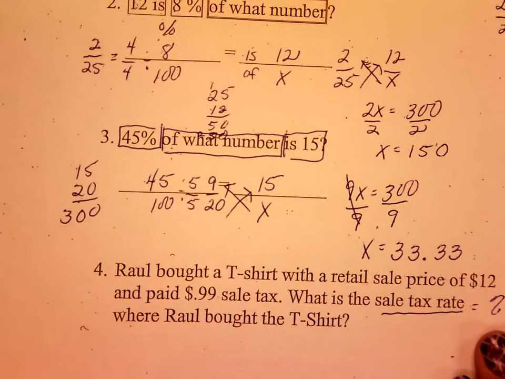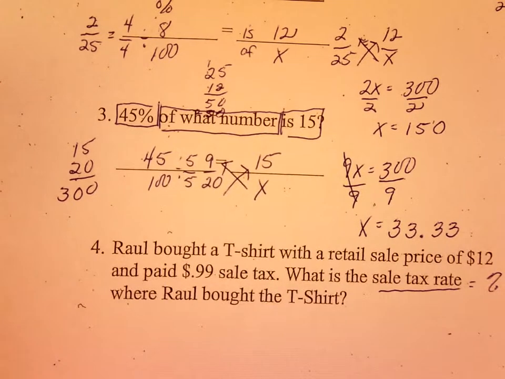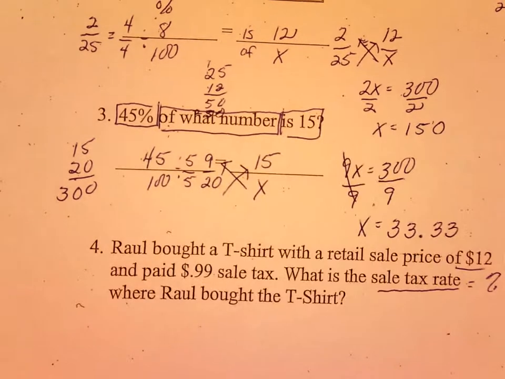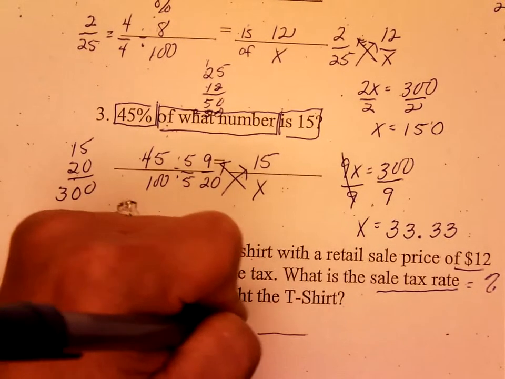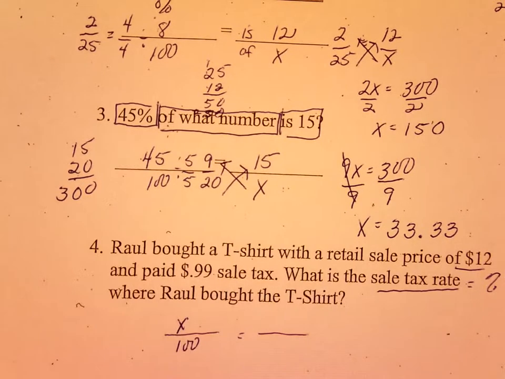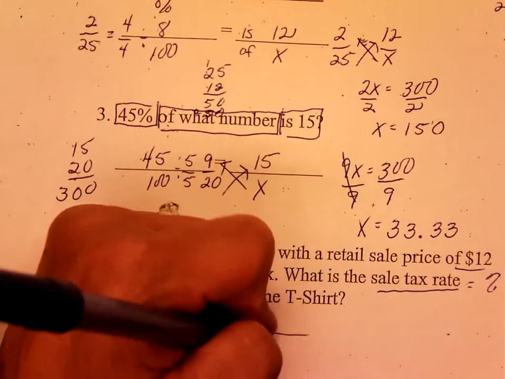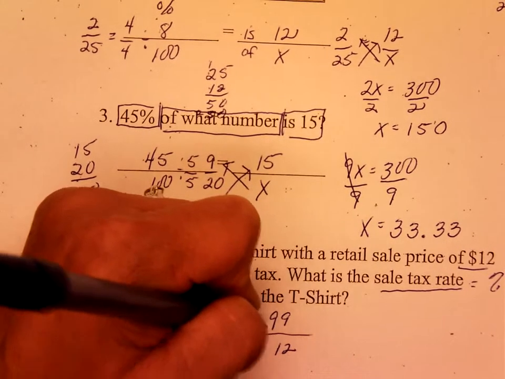So if it's asking for the sales tax rate, it's asking for your percent. So if Raul bought, says of $12, so you have your two fraction bars. We want to know what the sales tax rate is. And then so of $12, 12 is the denominator, and 99 cents is your numerator.